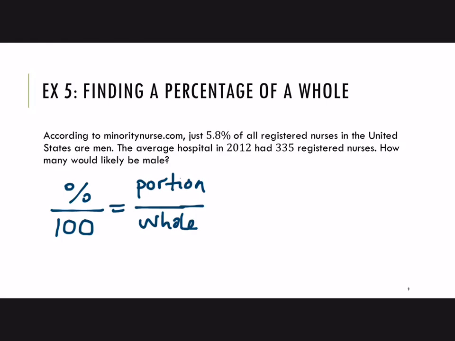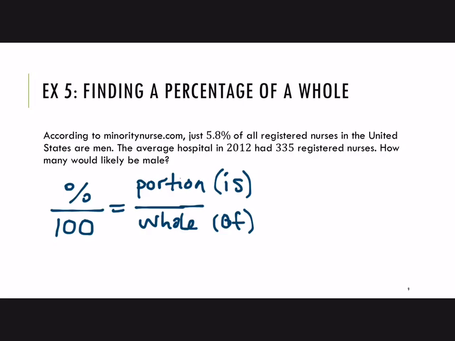You may have also learned that whatever number goes in the numerator goes with the word of, and then whatever number goes with the word is goes in the denominator. Okay, so percent over 100 equals, oh, I'm sorry, actually I think I switched those. Is the numerator, of is the denominator.